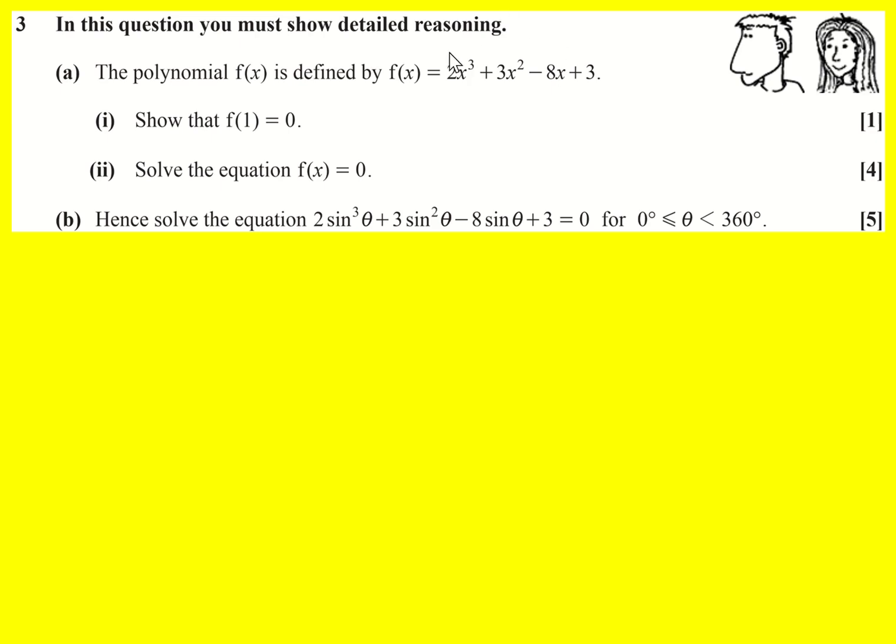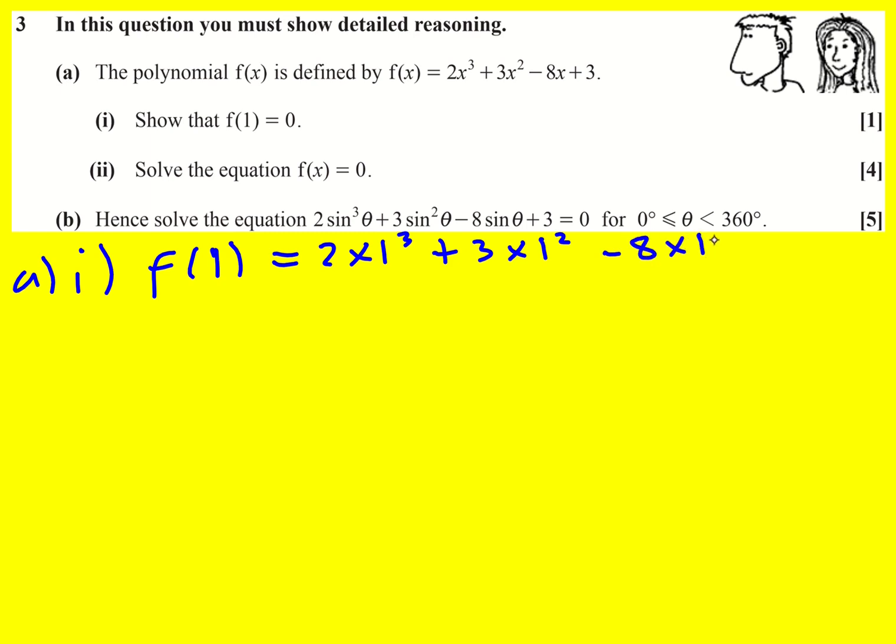Here we have a cubic equation and we're being asked to show that f of 1 is equal to 0. So we just need to replace x by 1 here. f of 1 is going to equal 2 times 1 cubed plus 3 times 1 squared minus 8 times 1 plus 3.